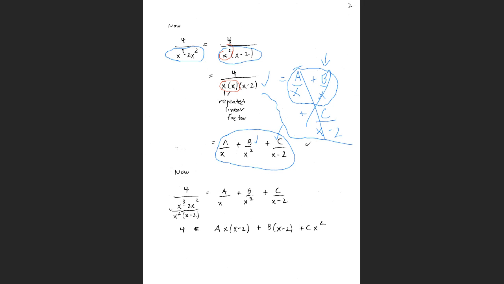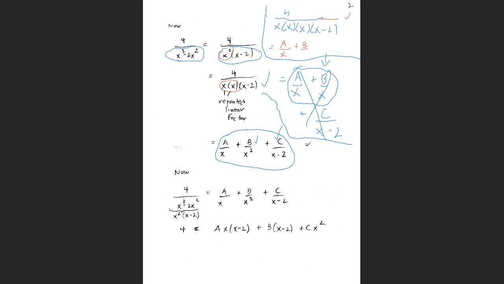And incidentally, let's say you had something like 4 divided by x times x times x times x minus 2. What would the expansion be in this case? Now you have a repeated linear factor 3 times. First, you're going to have a over x.